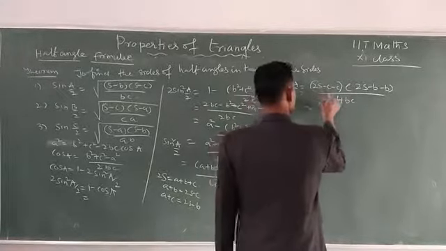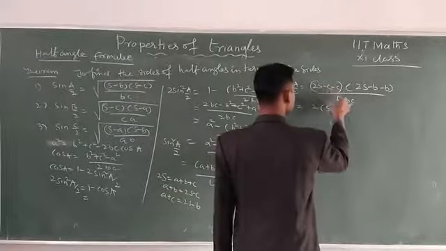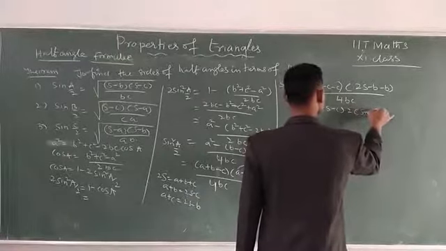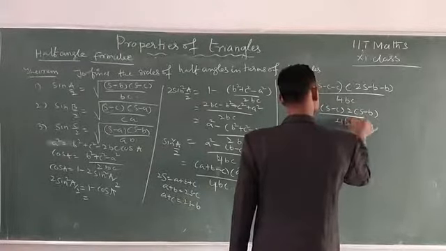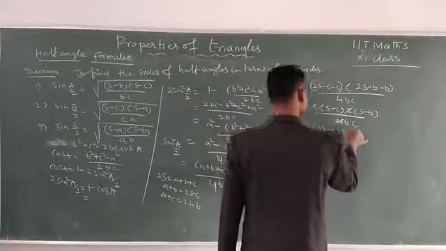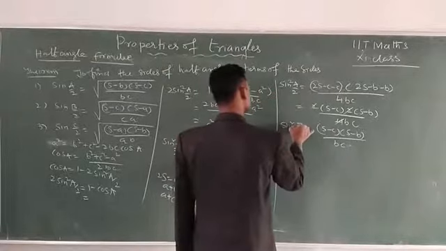Now see here, this is 2, you can take common s minus c, and here also 2 times s minus b, by 4bc. Here 2 into 2 is 4, cancel. Now (s minus c) into (s minus b) by bc. This is sin square A by 2.